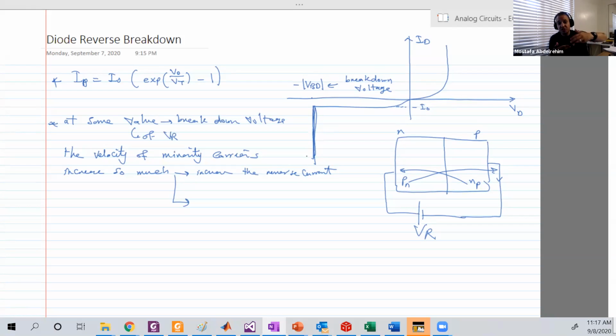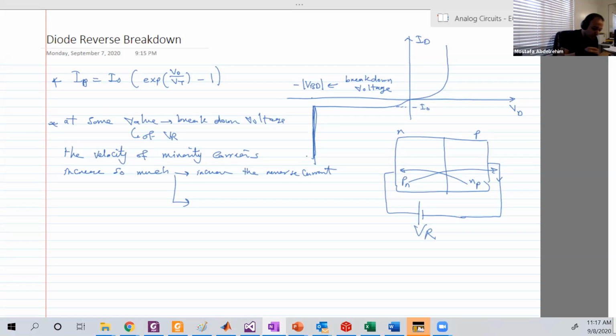These newly generated electrons will also move very fast with high energy, because we have the same VR, so they will hit other atoms, and so on.